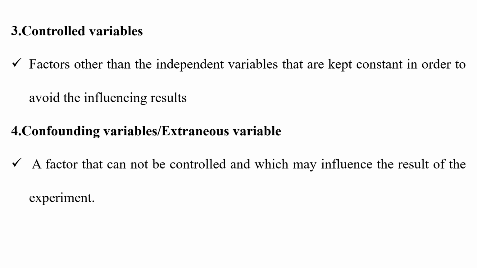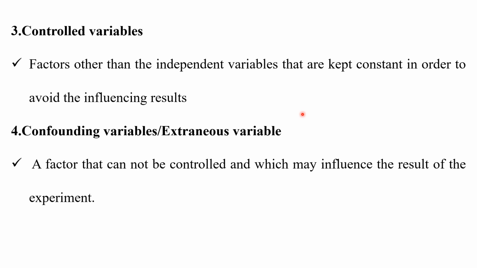So another one is confounding variables or extraneous variables. These extraneous or confounding variables are not controlled like controlled variables. It is a factor that cannot be controlled and which may influence the result of experiments.